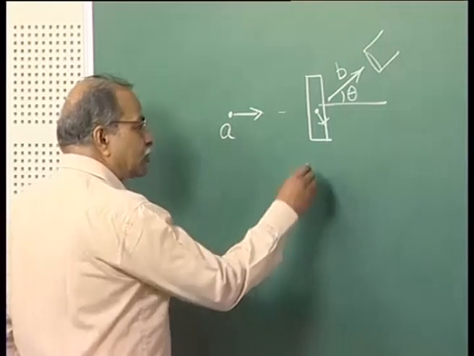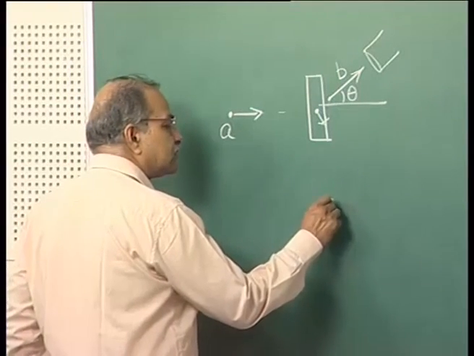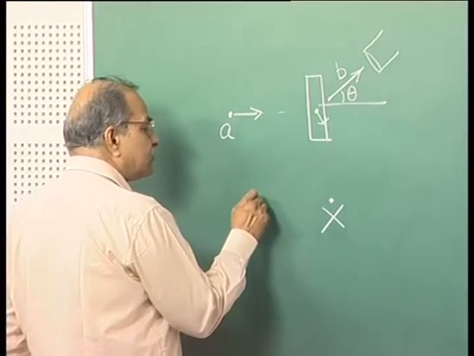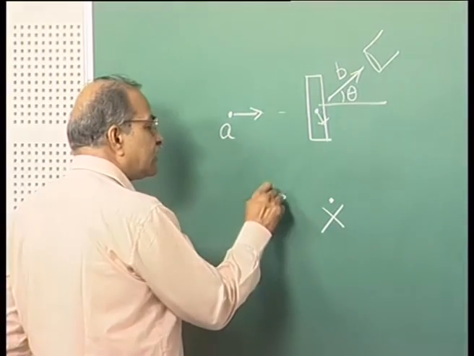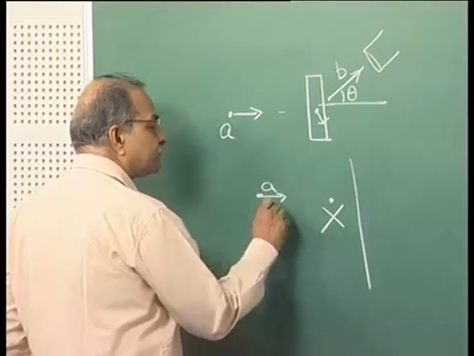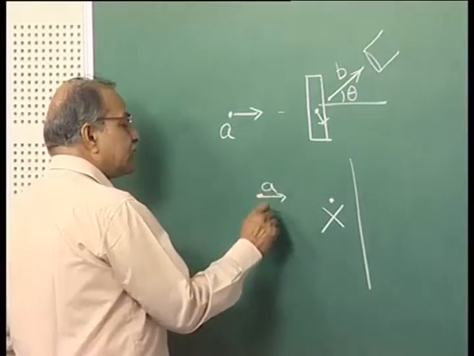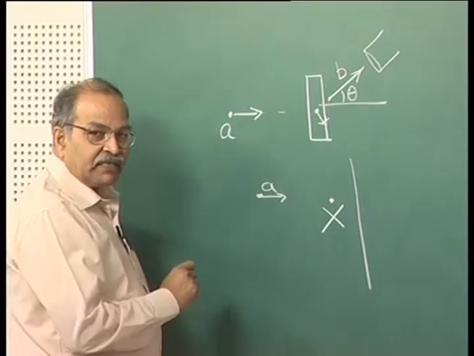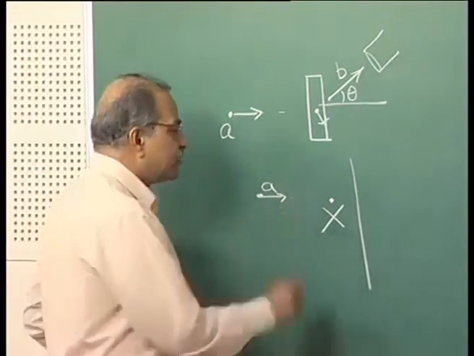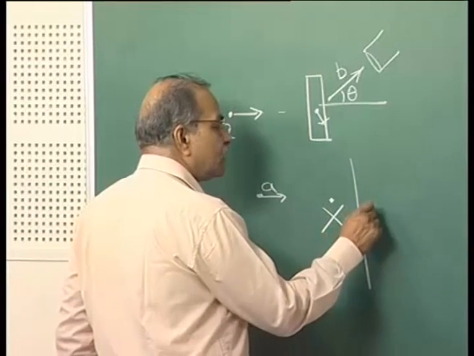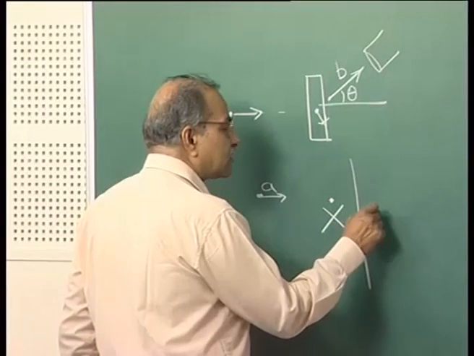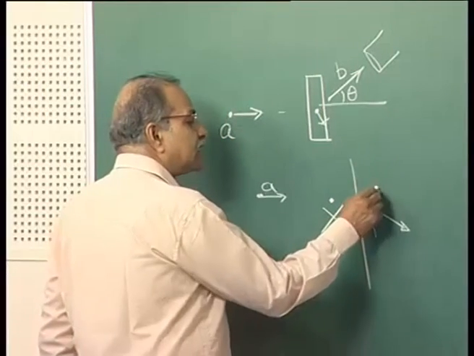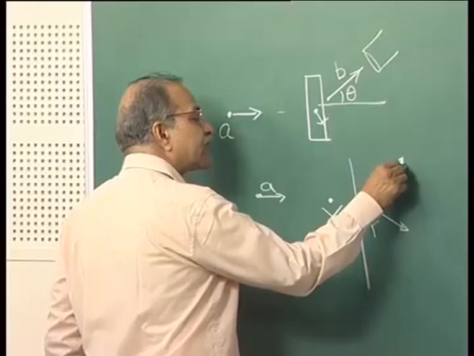Now, I show it as a two dimensional picture. This is that X nucleus, the initial nucleus, and this A particle going here. This is the initial condition with some kinetic energy K A and some linear momentum P A. After the reaction this X becomes Y, which is in the target but starts moving in some direction, and this B particle is going in some other direction.